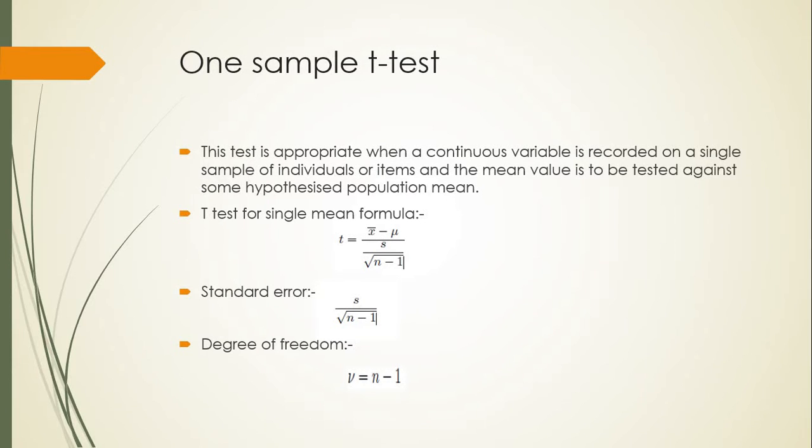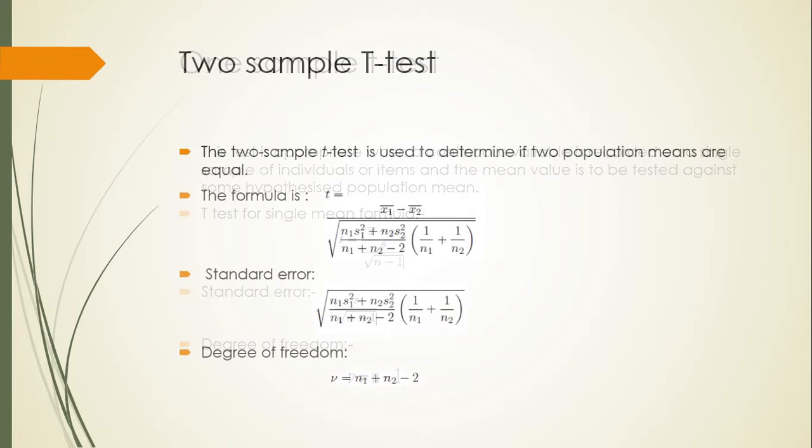So we'll see the one sample t-test first. This test is appropriate when a continuous variable is recorded on a single sample of individuals or items and the mean value is to be tested against some hypothesized population mean. The t-test for single mean formula is as shown below. The standard error is s by root n minus 1 and the degree of freedom is n minus 1.